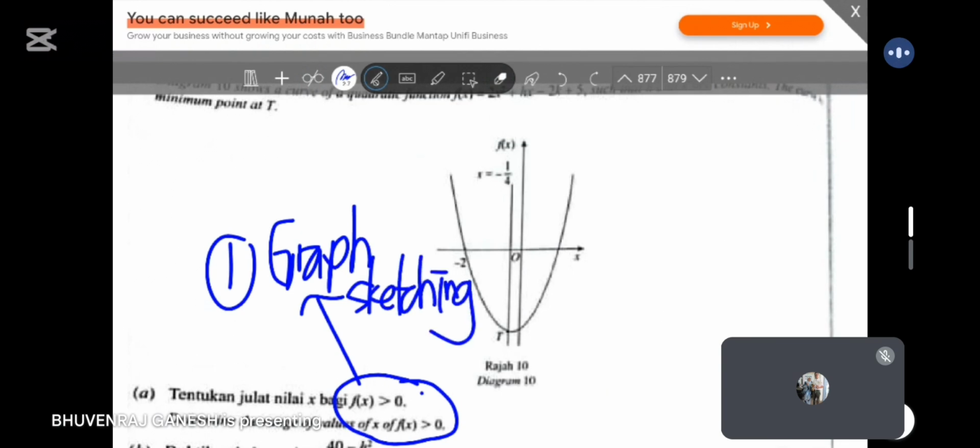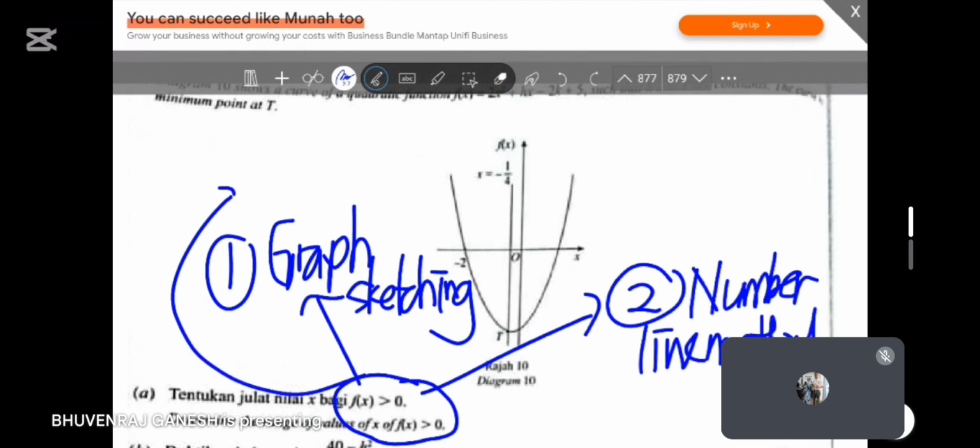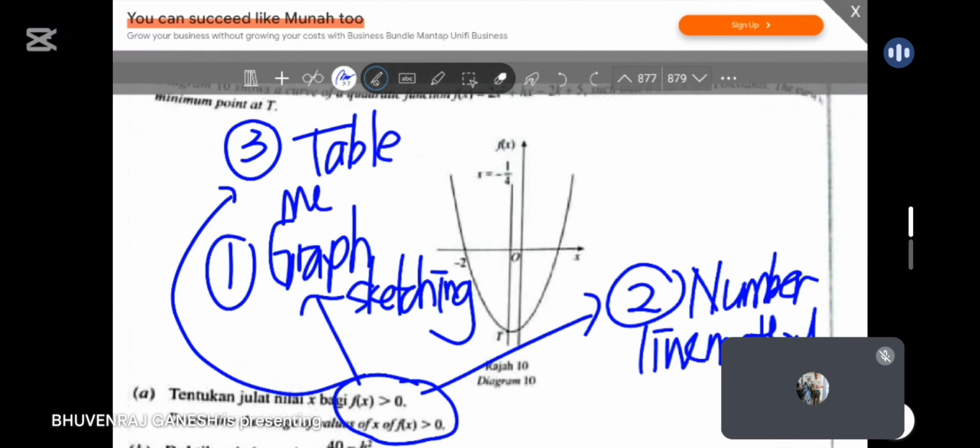Do you all know what is the second method? Apa kaedah kedua? We call it the number line method, guys. Kaedah garis nombor. What is the third method? Apa kaedah ketiga? Very good. Sangat bagus. The third method is called the table method. Kaedah jadual lah.